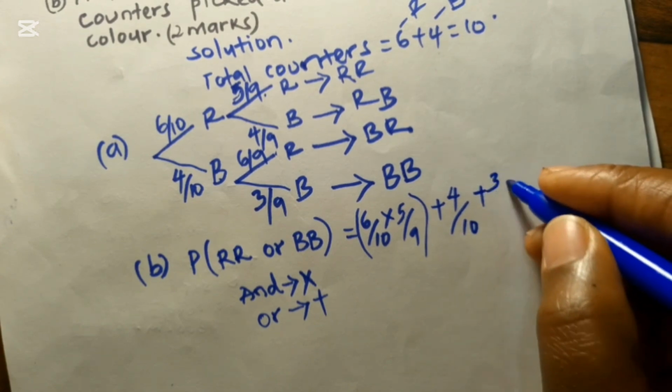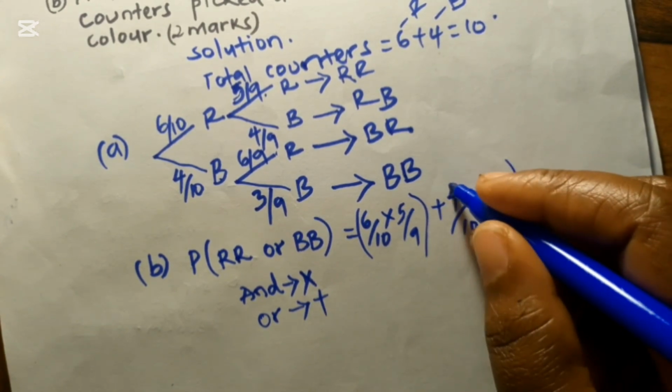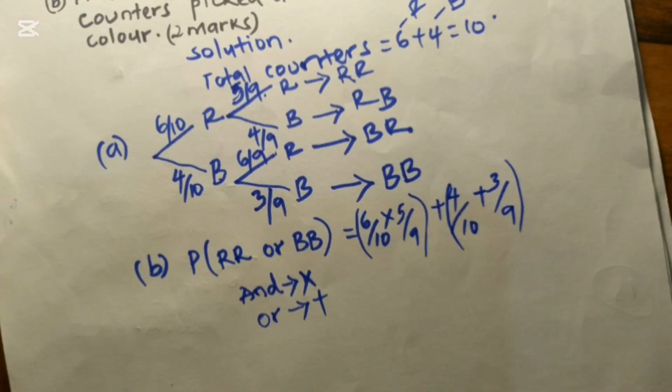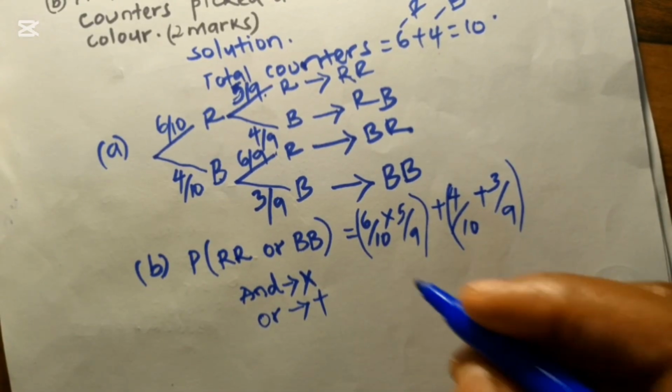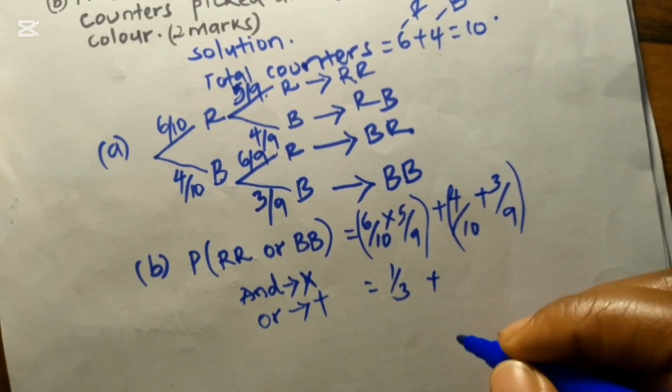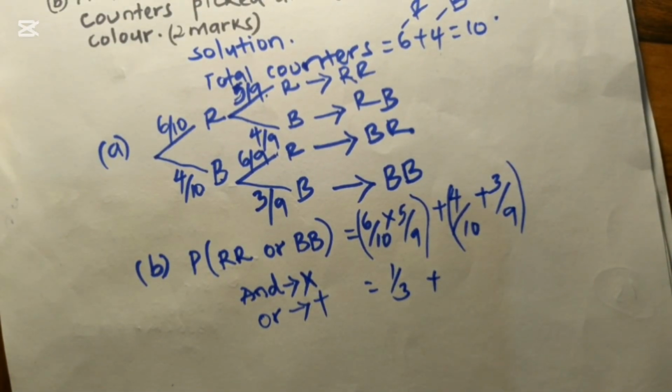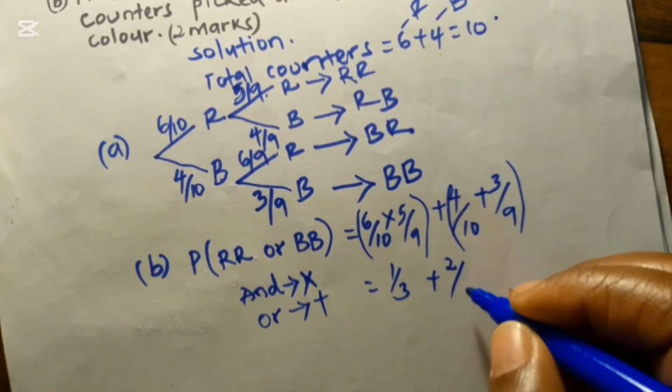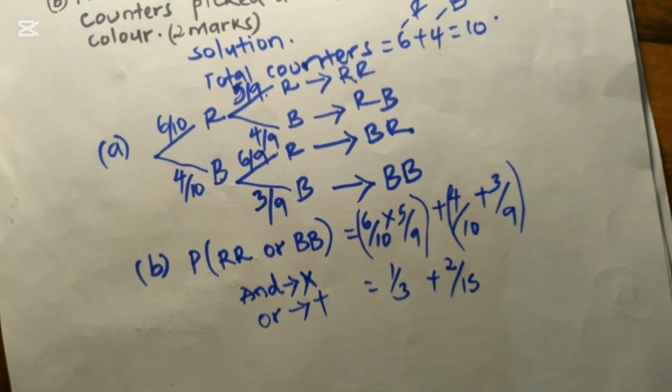So 6 over 10 times 5 over 9 is 1 over 3, then plus 4 over 10 times 3 over 9, which is 2 out of 15.